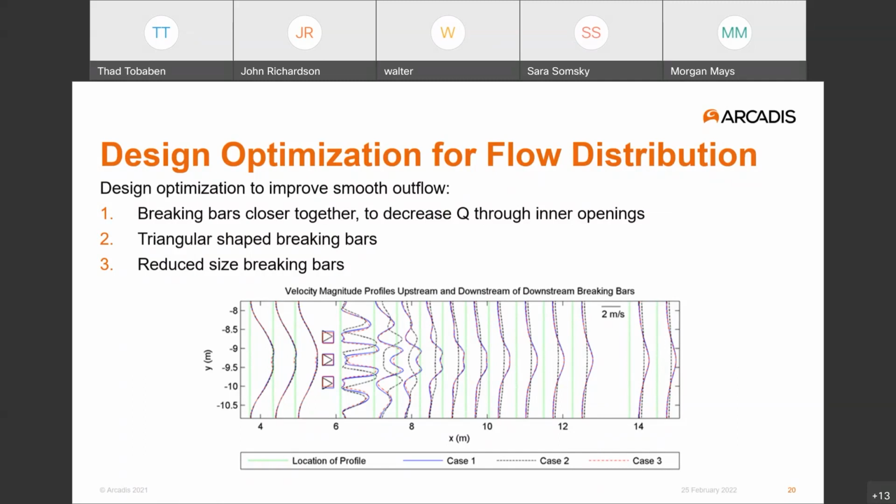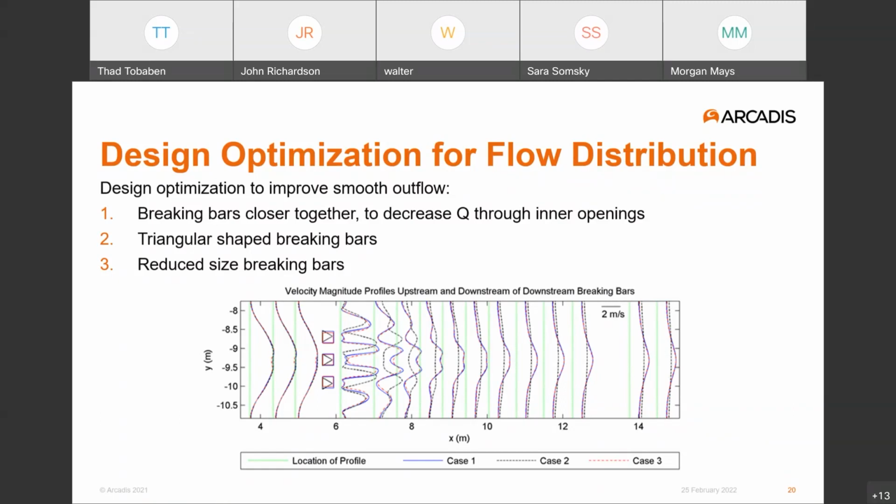So starting with the upstream-most profile, which would be located at the left-hand side of the figure, you see that the velocity distribution across the channel is about the same for cases 1, 2, and 3. And that's something that we would expect, that the upstream effect of the braking bars should be negligible or minimal. And then as we approach the bars, those profiles remain about the same.